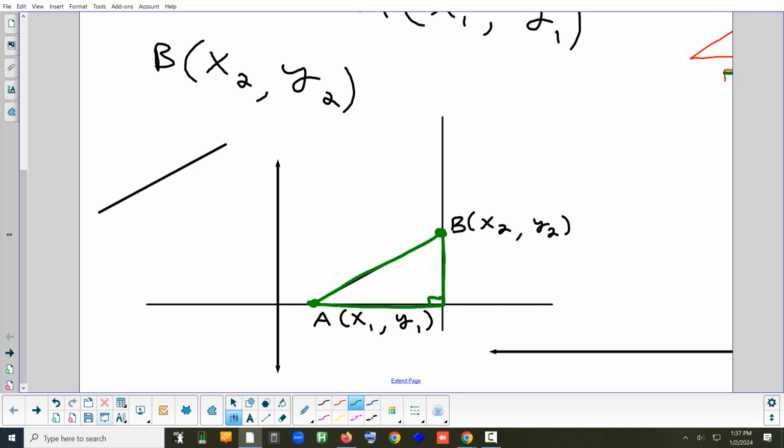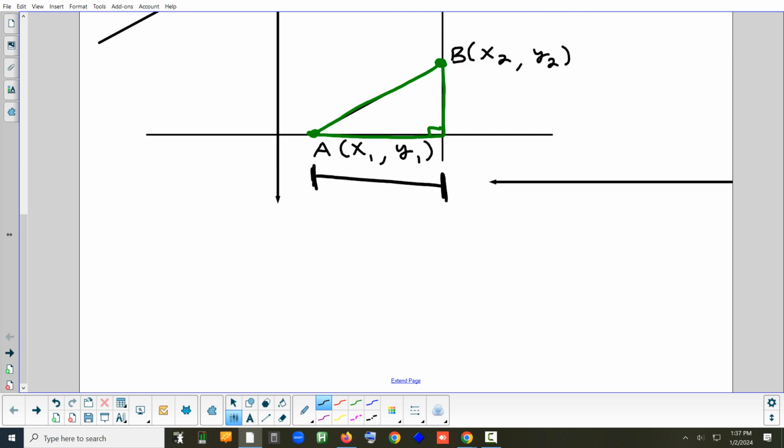First thing I'm going to need to figure that out is the distance from here to there. Now, is that distance along the x-axis or the y-axis? It's along the x. So all I need to do is figure out where I start on the x, where I stop on the x, and then do something with those two numbers.